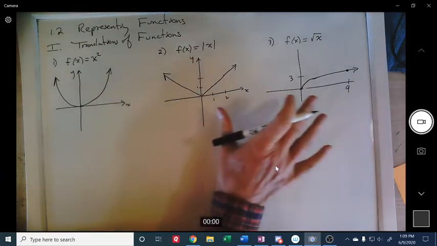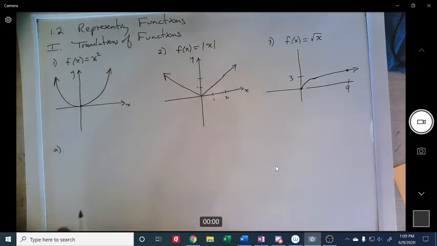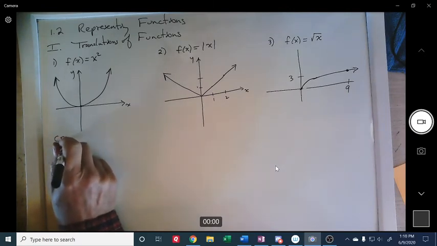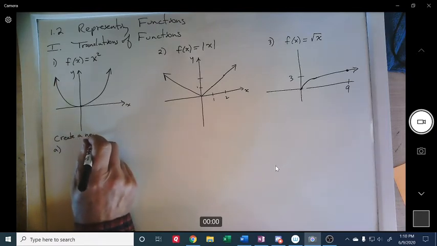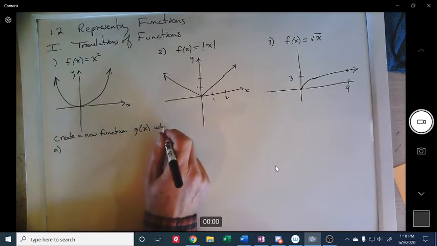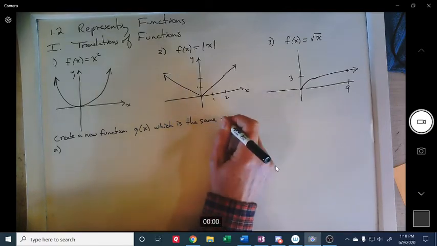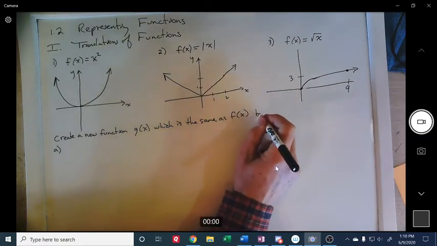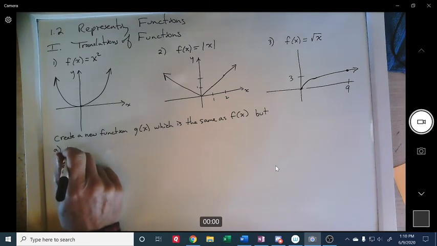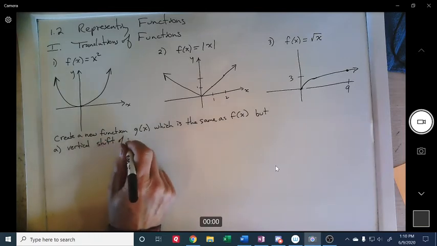In each of these functions, create a new function g of x, which is the same as f of x, but part A, it's a vertical shift of 2 units.